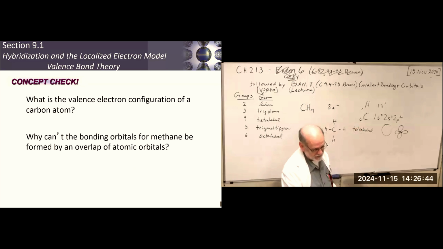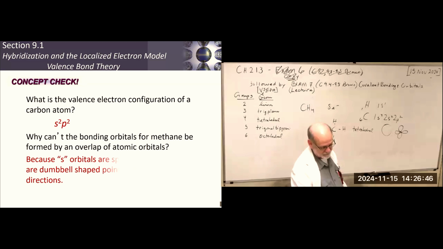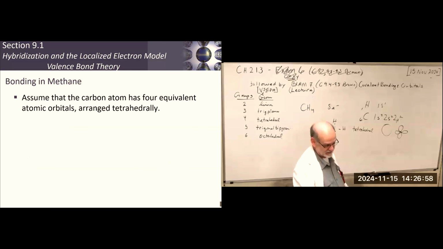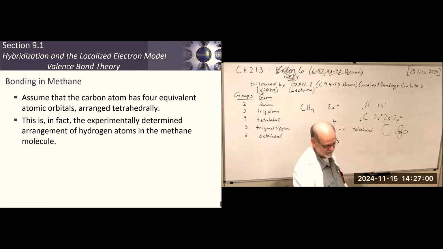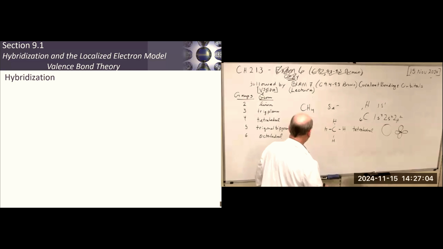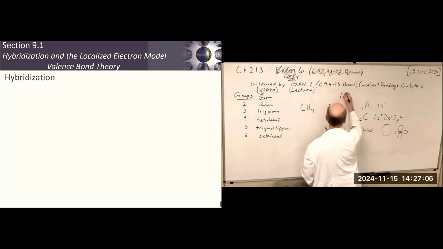So, all right, I told you that already. S2 and P2 orbitals are the overlapping valence shells. Right? We can't get a tetrahedral out of that. So the answer is hybridization.